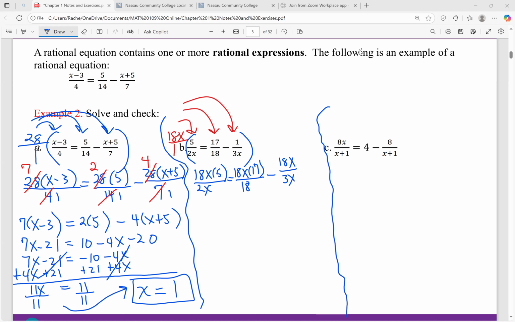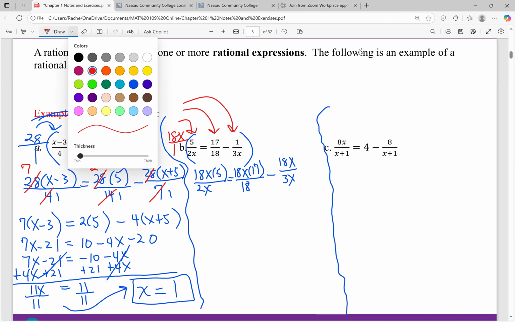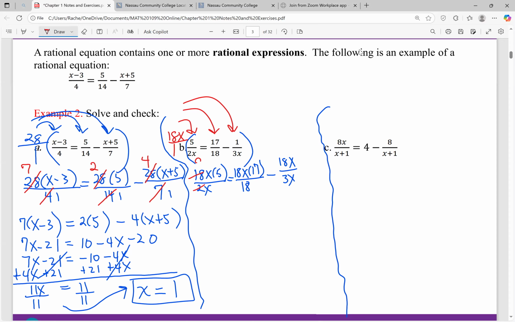Now we can go through and simplify by reducing by our common factors. So 2 goes into 18 9 times. x over x is 1. Then we have 18 divided by 18, which is 1. And then 3 into 18 goes 6 times. And then we have x divided by x.